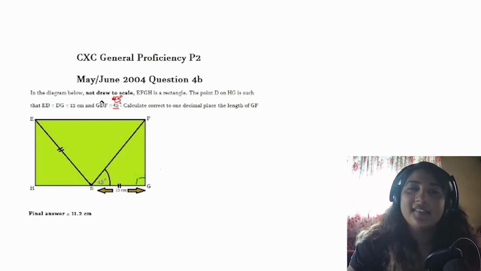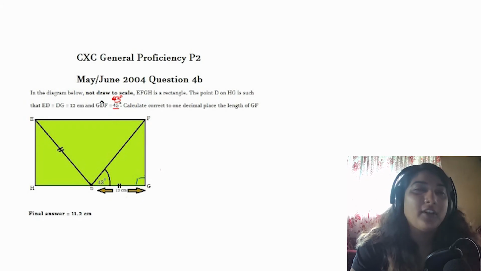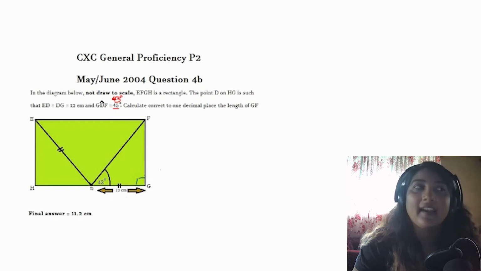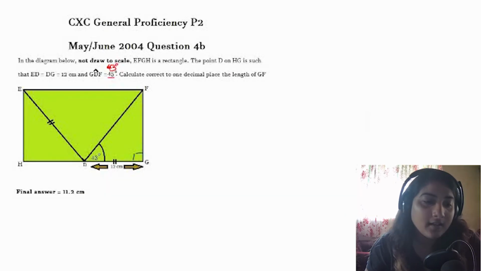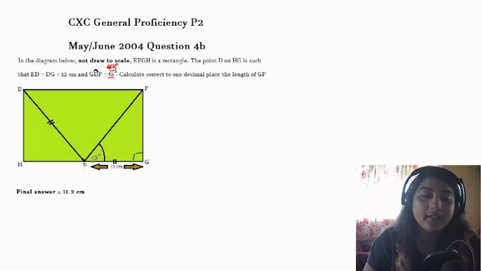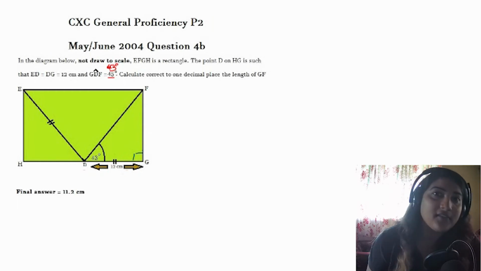Which ratio should we use? We know for a fact anytime we're doing trigonometric problems, the first thing we should do is identify the ratio we're going to use. Now that we know that there's a right angle triangle formed here, we are going to use a trigonometric ratio. Now we always have to decide which ratio we're going to use.